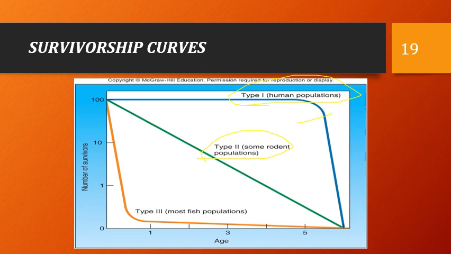Take note that in this case, the population has the highest risk of dying when they are very young, and the chances of survival get better as they get older. It looks like a steep drop in the beginning. This curve is typical for species where many young individuals may not survive to adulthood. So, what is the implication of this?